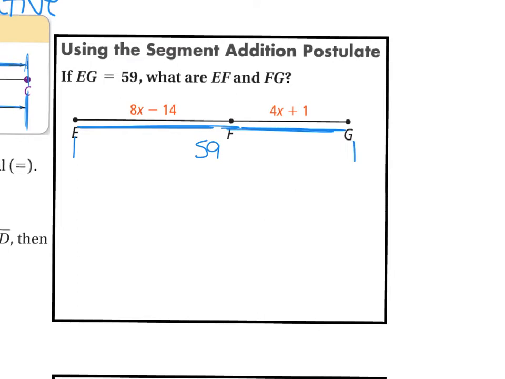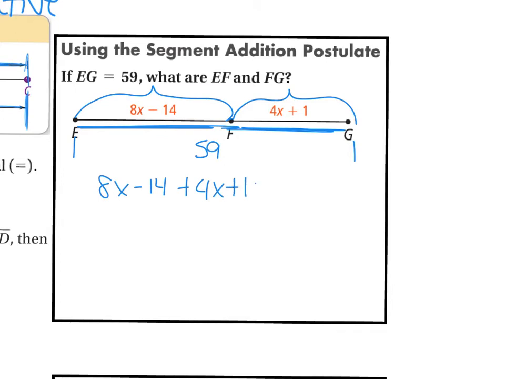So how do we do that? Well, we've got variables, not just numbers. We've got to figure it out. You're going to take this section, 8x minus 14, plus, because you're going to add those two together, this section, 4x plus 1. All of that has to equal 59.